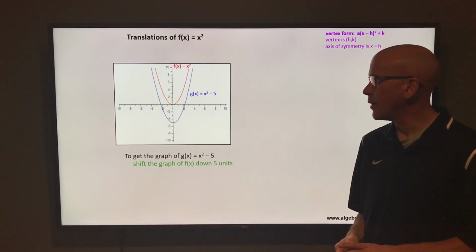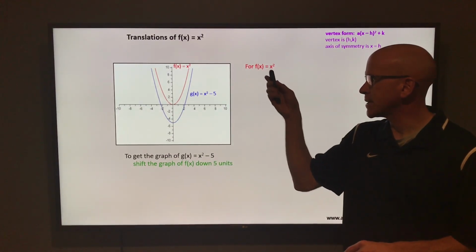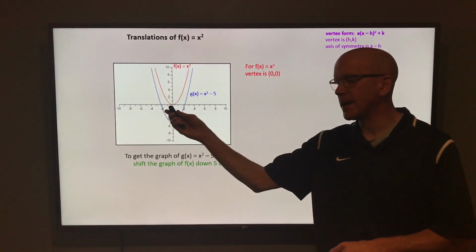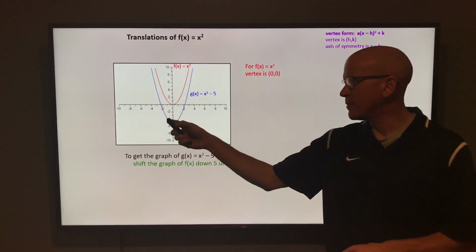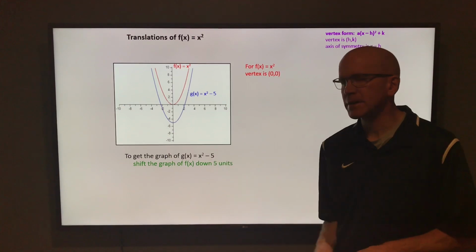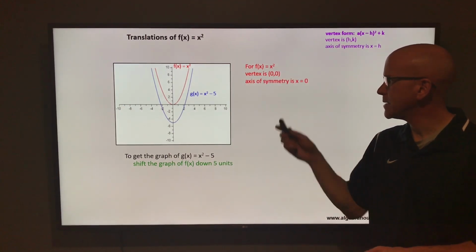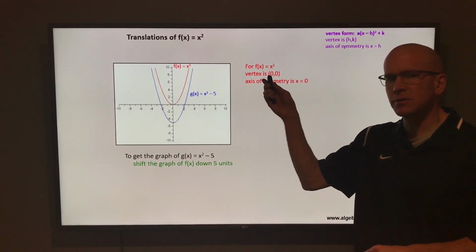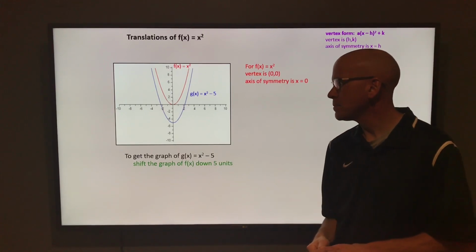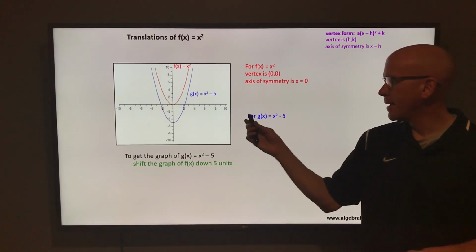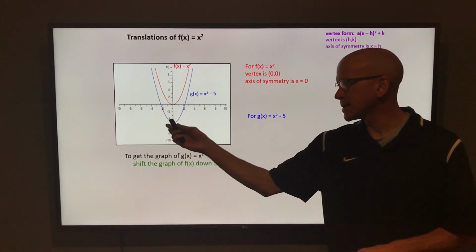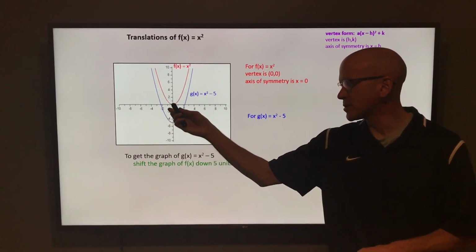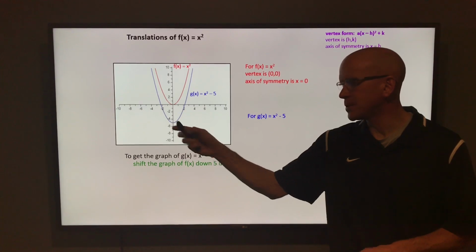On that red graph, f of x equals x squared, the vertex is located at 0, 0. The axis of symmetry, the vertical line that goes directly through the vertex, is x equals 0. It's x equals the x-coordinate of the vertex. For the blue graph, g of x equals x squared minus 5, since we shifted down 5 units, we went from 0, 0 to 0, negative 5.